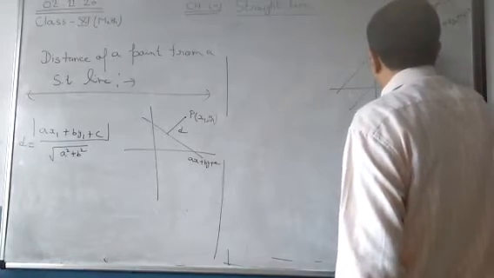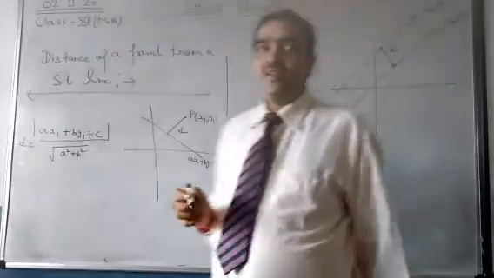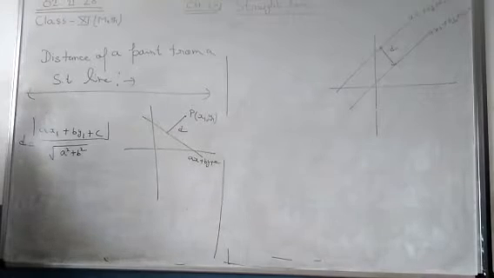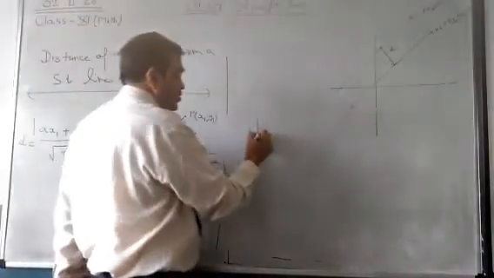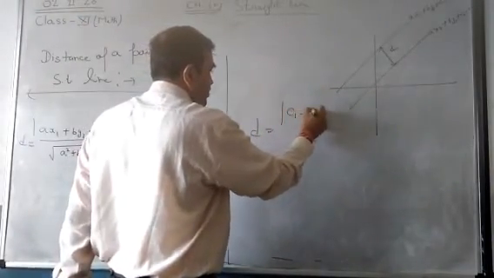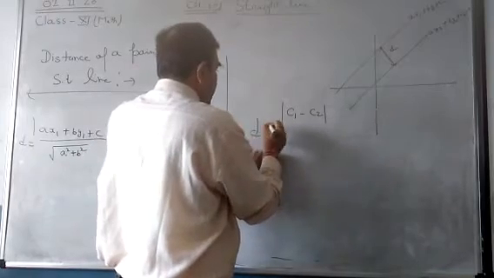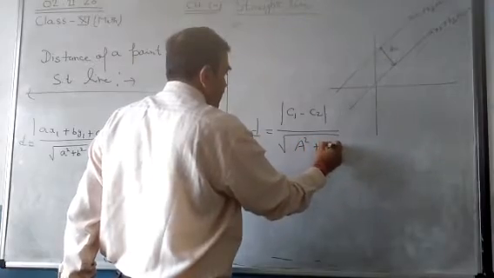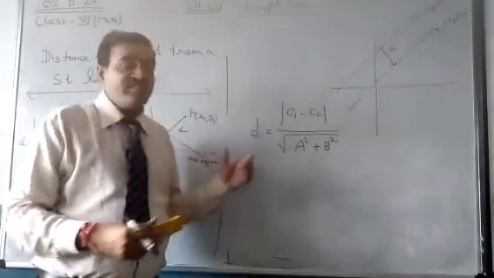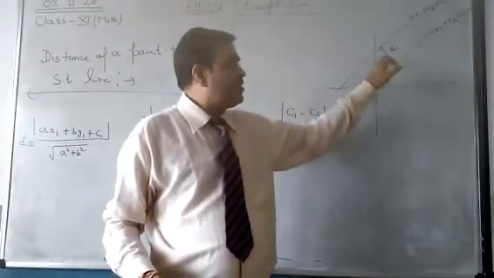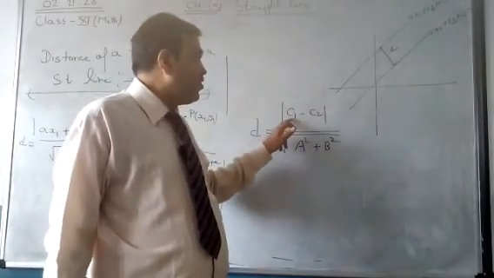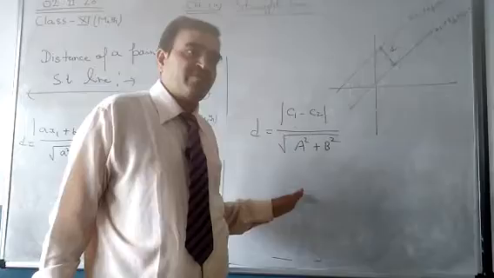The distance between them is d equals mod of c1 minus c2 upon under root a square plus b square. This is the distance between two parallel lines.